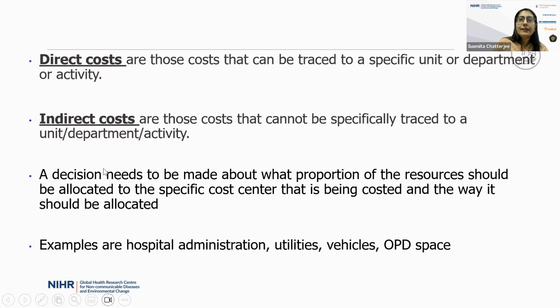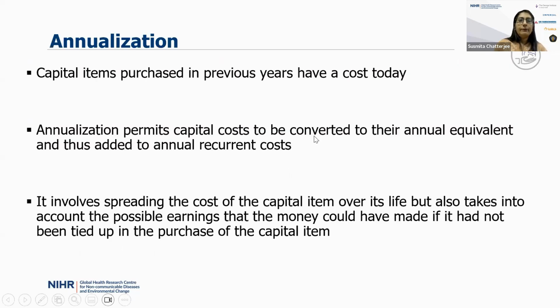Okay, great. Now coming to a concept which is called annualization. I told you earlier, if you remember, that capital items are those which will last longer than 1 year.